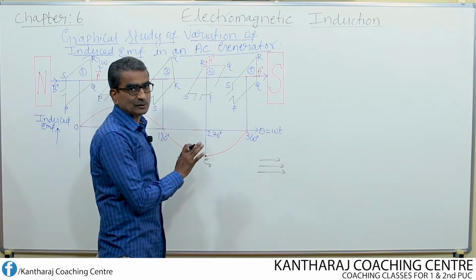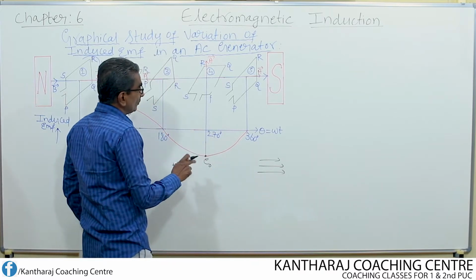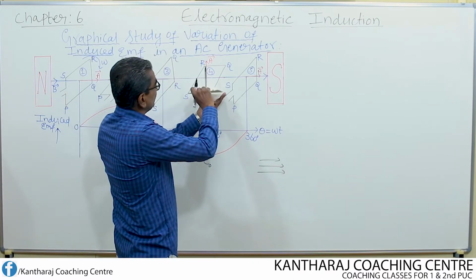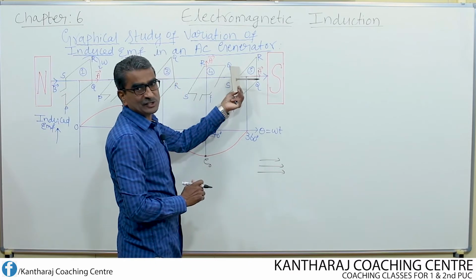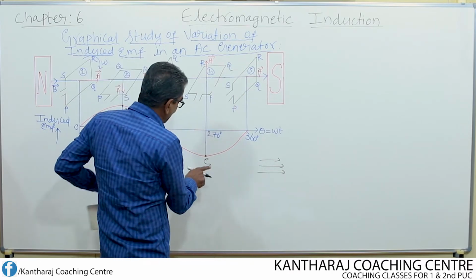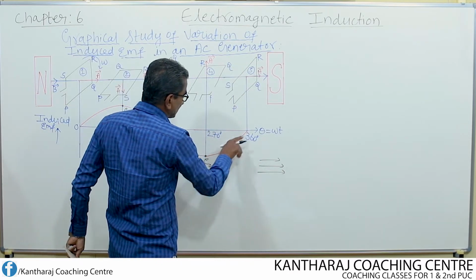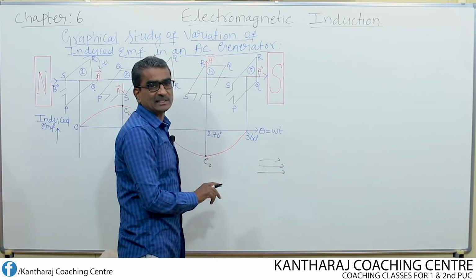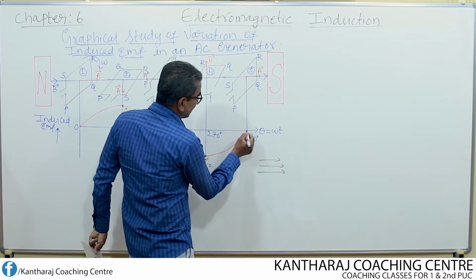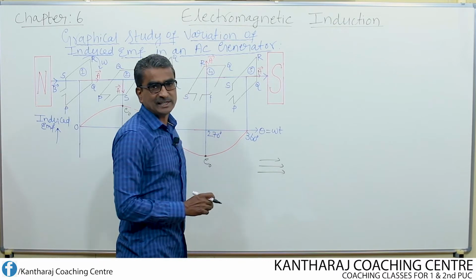Now once again from this position, when the coil is rotated back to its initial position, that means to 360, what happens? From 270 to 360, the induced EMF magnitude is again decreasing and it becomes minimum at 360 degree.